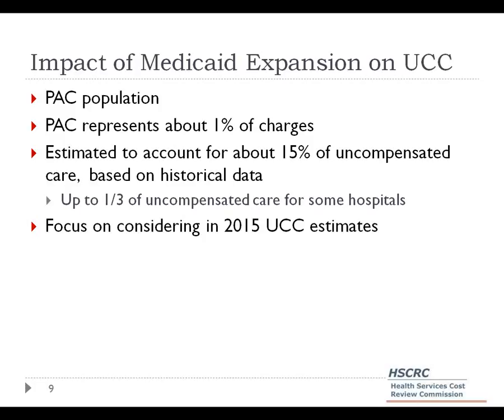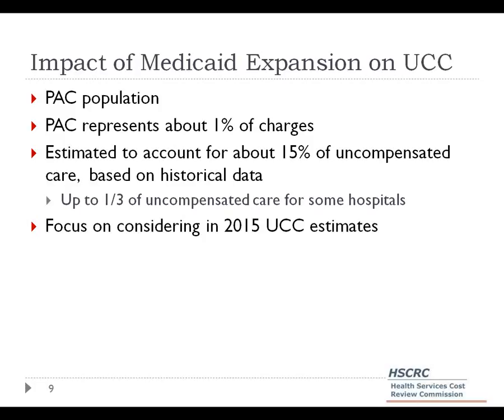Okay. What I'm struggling with, and it was brought up a little bit before, is the difference between defining uncompensated and true charity care. And the true charity care, from my understanding, is the totally uninsured, such as the people who don't have insurance and were not able to get it through the Affordable Care Act, through the exchanges, such as the undocumented, versus the people that may have insurance but have high deductibles and high co-payments, for which there is an expectation that hospitals would try to bill and collect on those deductibles and co-payments.